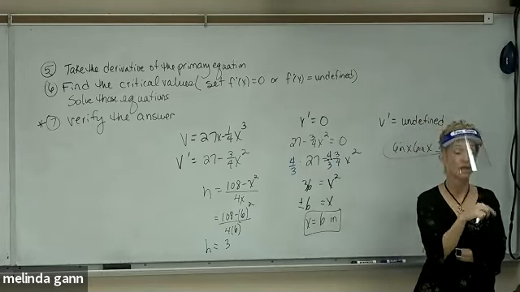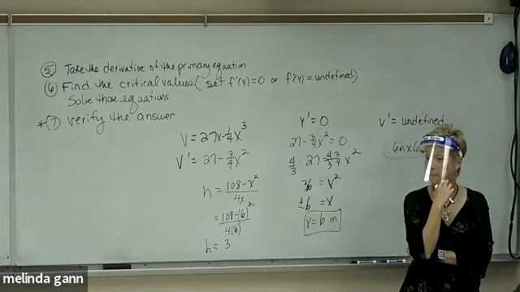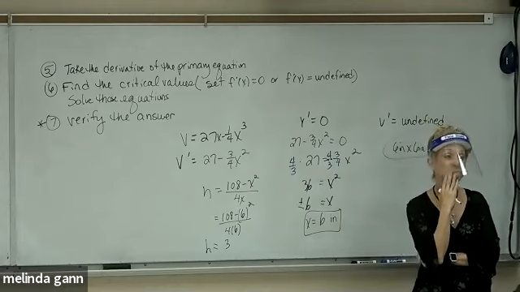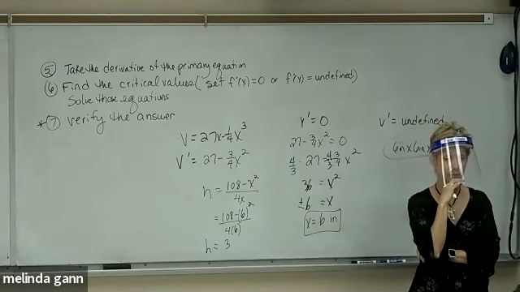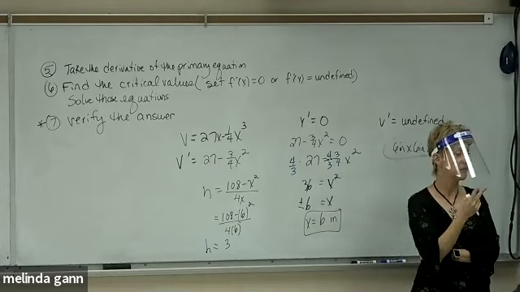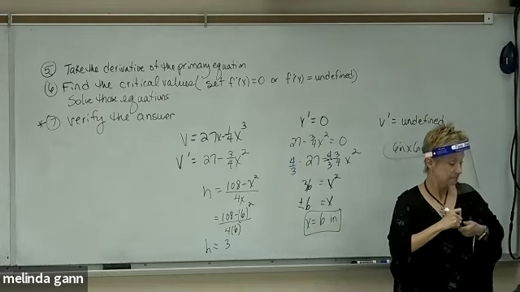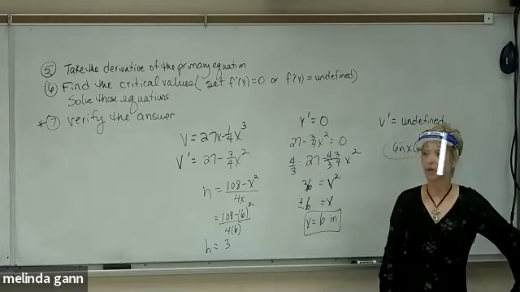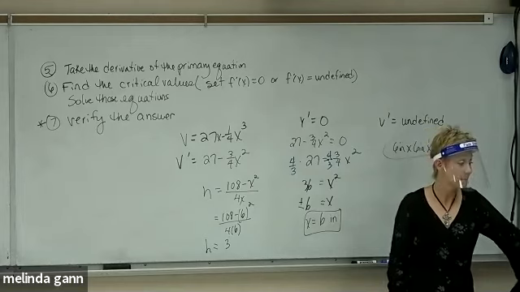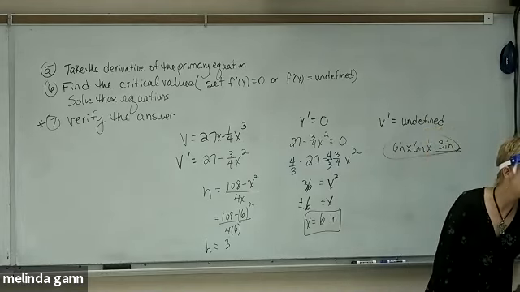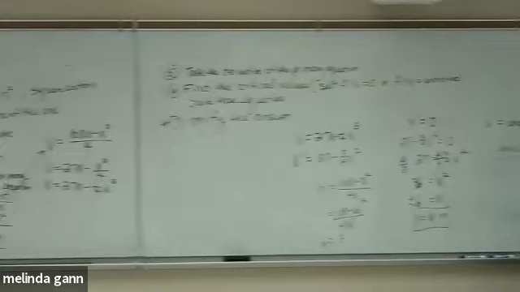Now, that's the correct answer, but we still have to verify it. There are 2 ways of verifying it, and you can do it either way you want to. One way we've gone over and one way we're about to go over. Here's the one way we've already gone over.